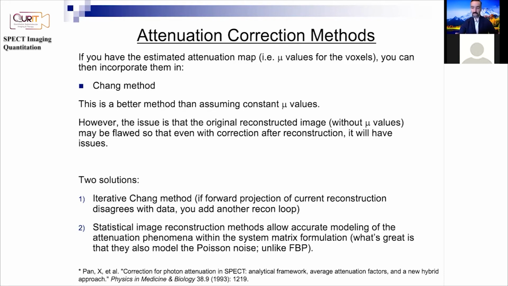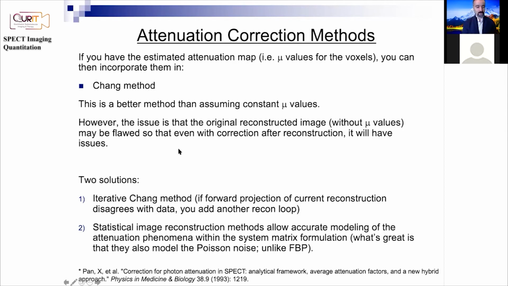You reconstructed an image, and of course you want to multiply it by Chang, but that original image might have been from very inconsistent projections. So the reconstruction is flawed. This is an approximate method, even if you multiply it by some factor that assumes the correct mu values. The reconstruction to start with is flawed.